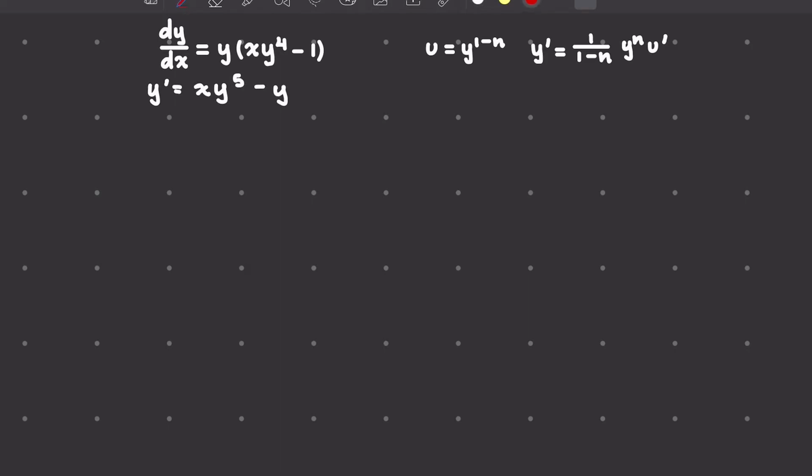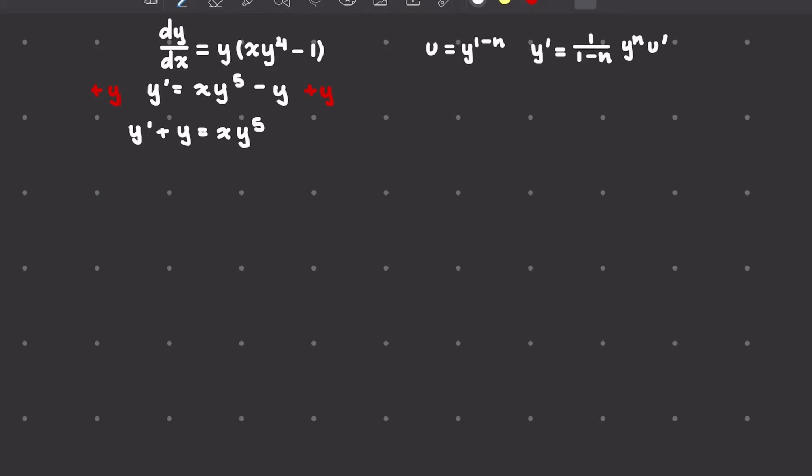I would like to make this differential equation into the general form of a Bernoulli equation by adding y to both sides. And this will give us y prime plus y equals x times y to the fifth.